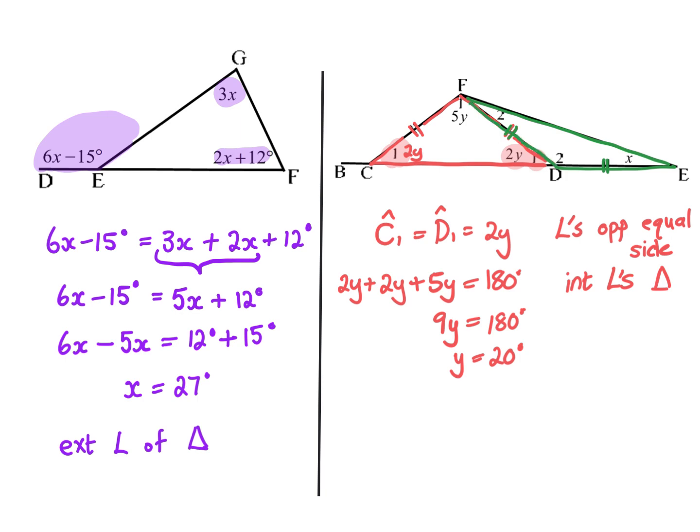Oh, and it looks very much similar to the previous question. I have the exterior angle, which is equal to the sum of the two opposite interior angles. But remember, isosceles triangle, I always have to start by saying which angles are the same. So in this case, I have angle E is equal to angle F2, and that would be equal to x. And my reason for this is, once again, angles opposite equal sides.